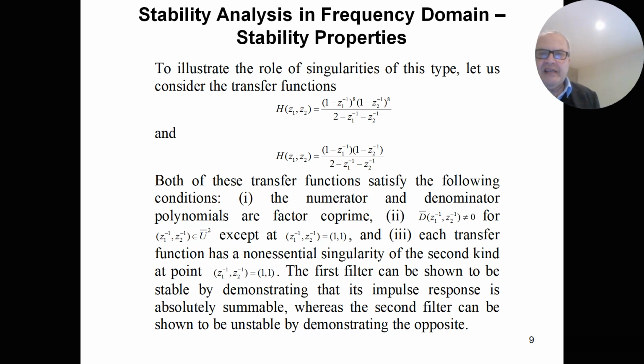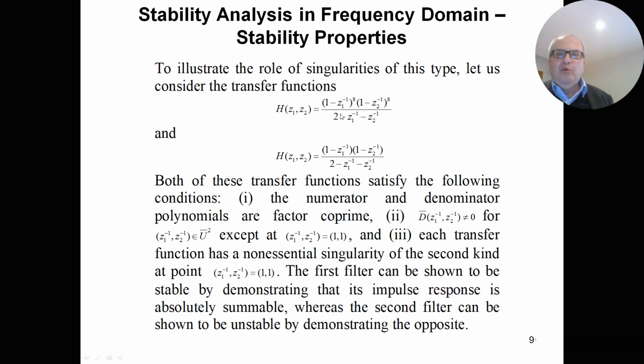This theorem is important, because in the case that you have non-essential singularities of the second kind in the two polynomials, the theorem of Shanks cannot conclude. So, for example, you have here two different transfer functions. For both of them, the denominator does not have points z1 and z2 inside the unit bidisk that make it 0.